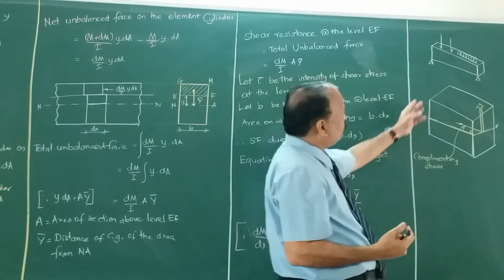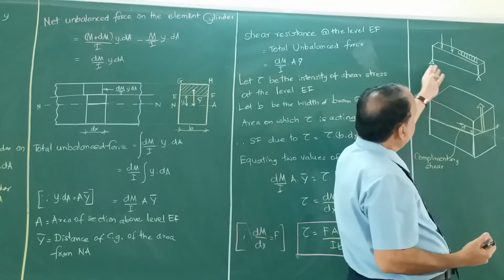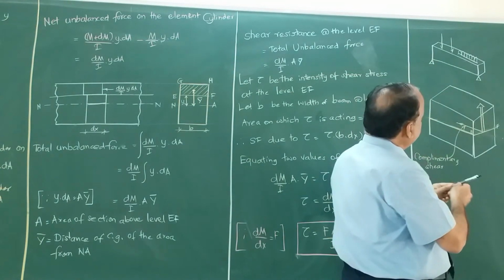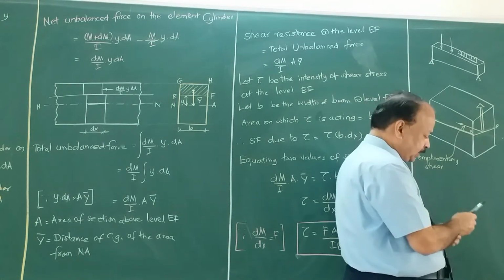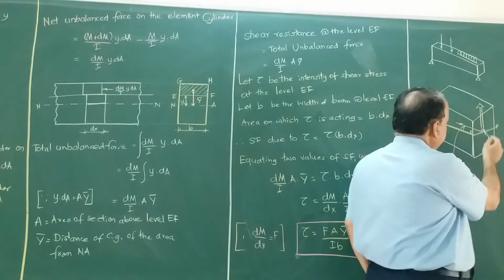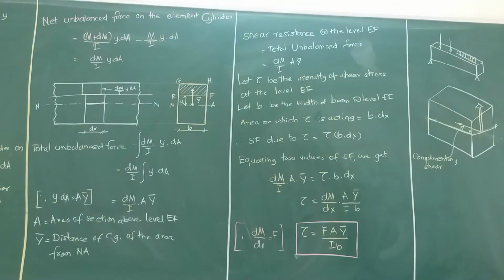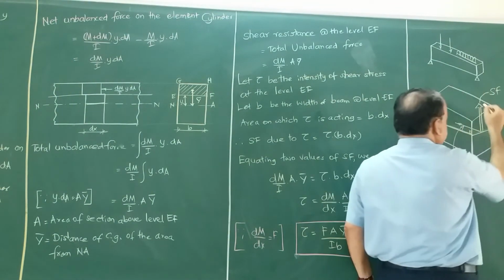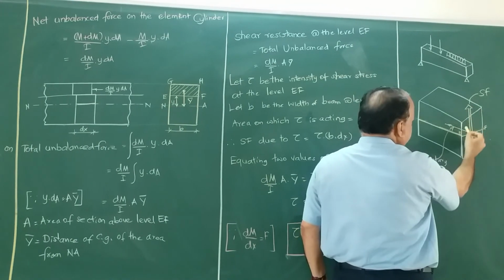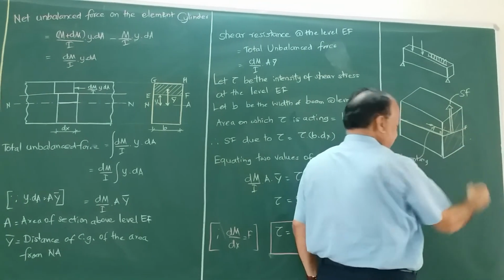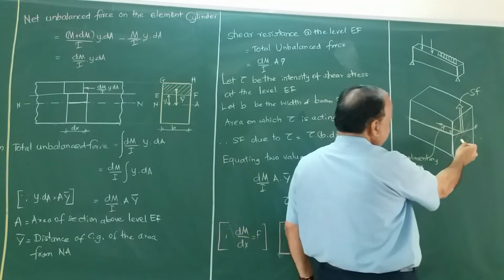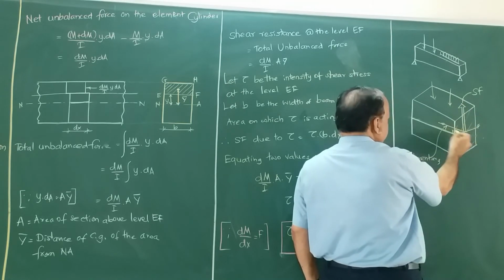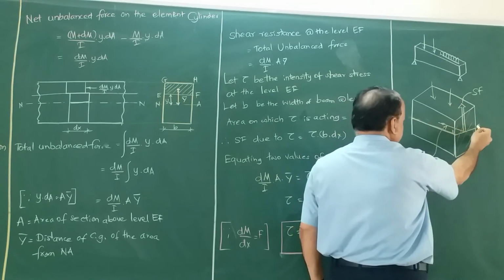Suppose a beam is considered, simply supported and with different loading like this. At a particular section, there will be shear force. This is the shear force at the section, and shear force divided by this area gives the average shear stress. Similarly, when a shear force is developed due to the loading on the section, a complementary shear is also developed at the particular level.